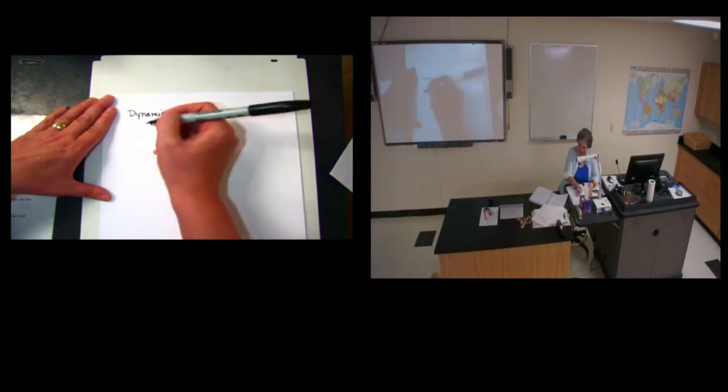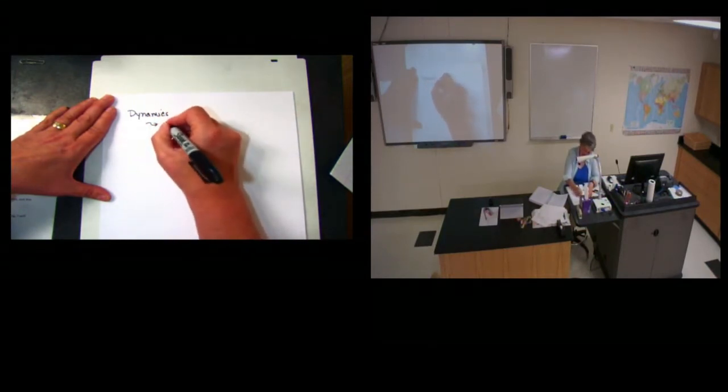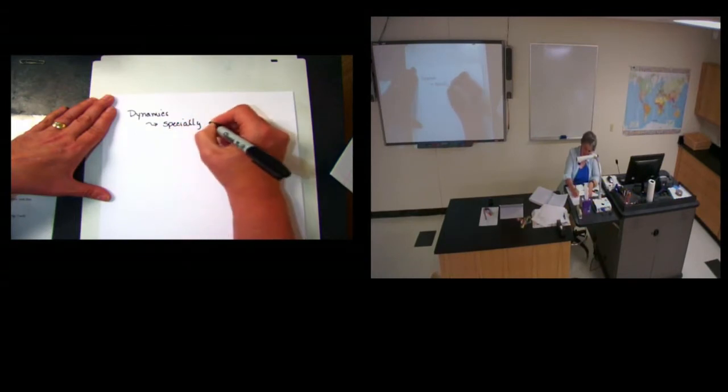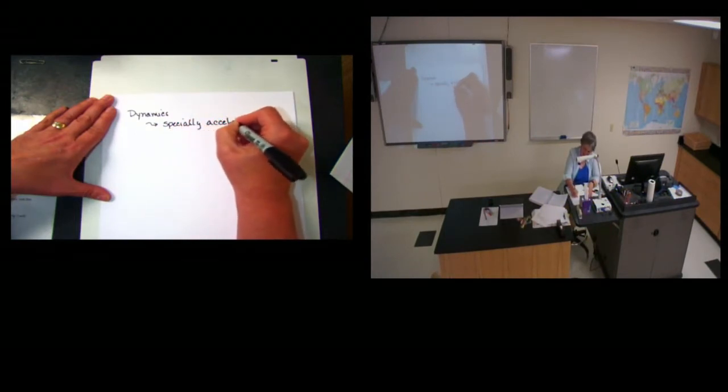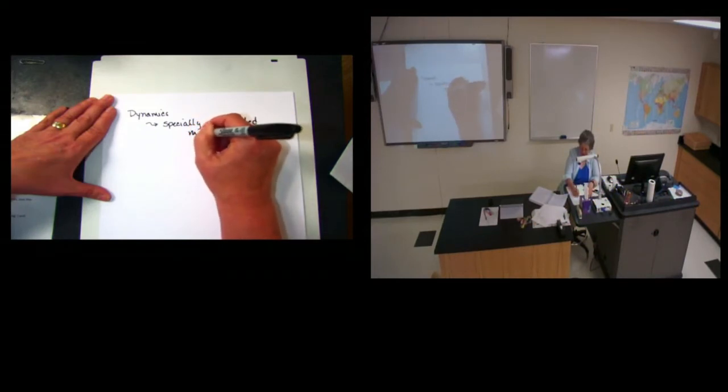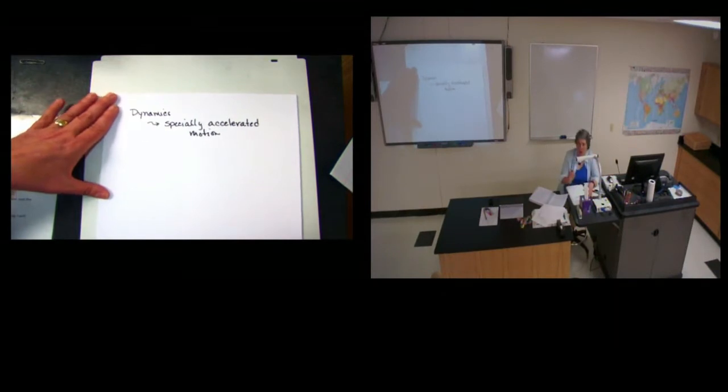We derived those equations. We also looked at the difference between instantaneous and average. Instantaneous gave us our limit as t was approaching 0.